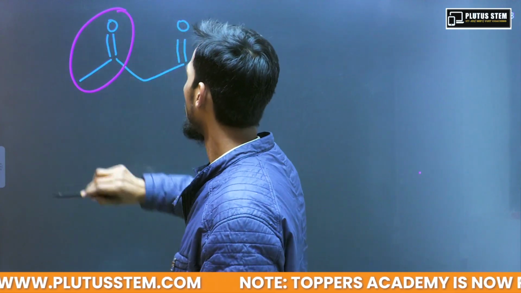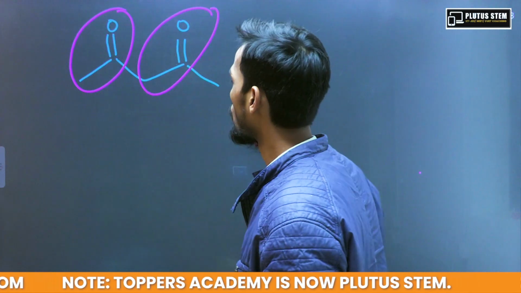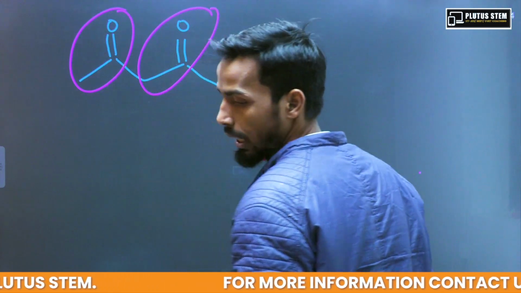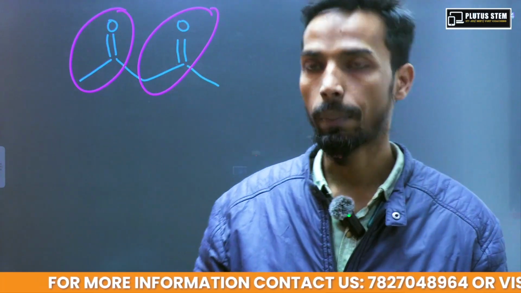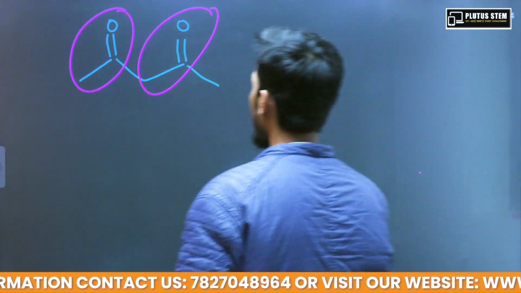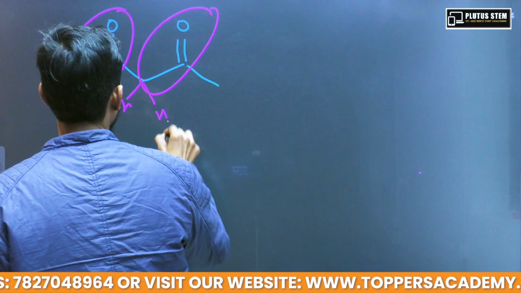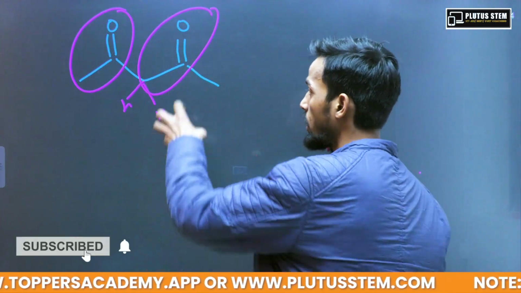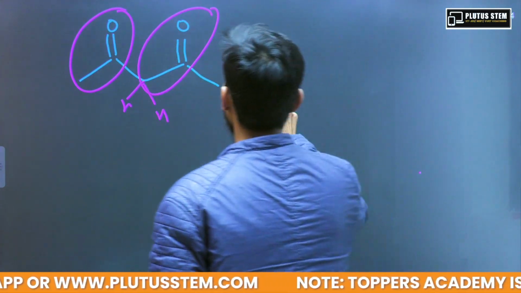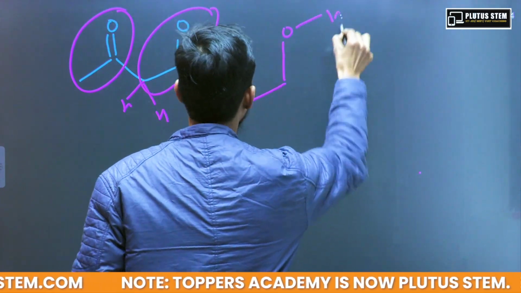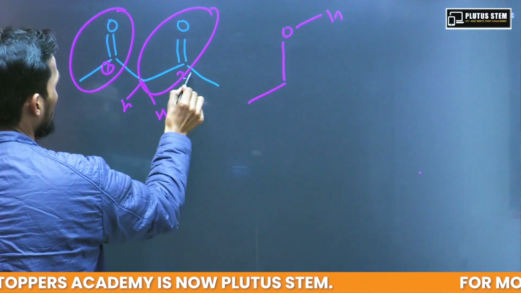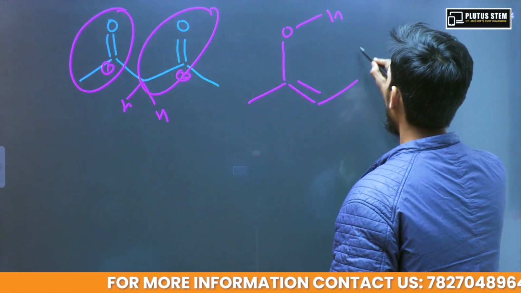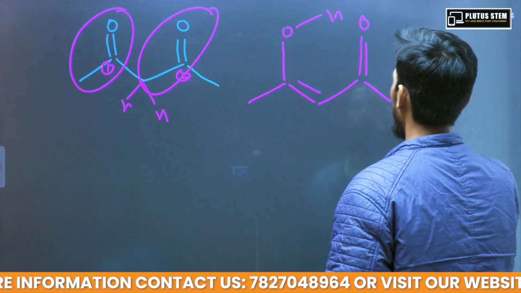This can show the tautomerism, yes or no? Both of them can show the tautomerism from here. But generally what we are going to do, we will take the hydrogen from the more acidic position, because here also there is an electron withdrawing group, here also an electron withdrawing group. So this hydrogen is more probable. So either from this carbon 1 or from this carbon 2, we can draw it from any one carbon, like this.